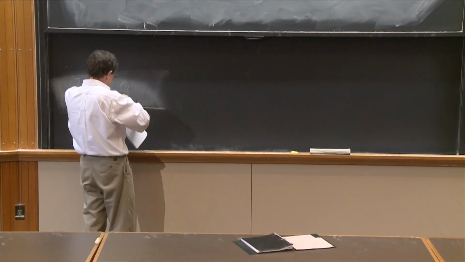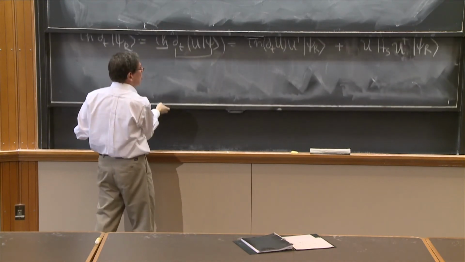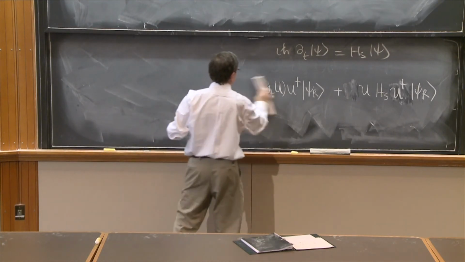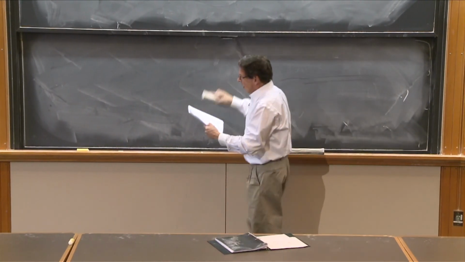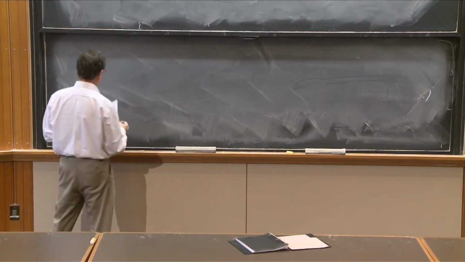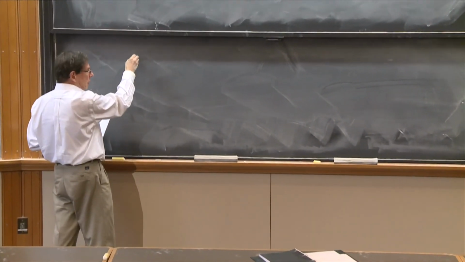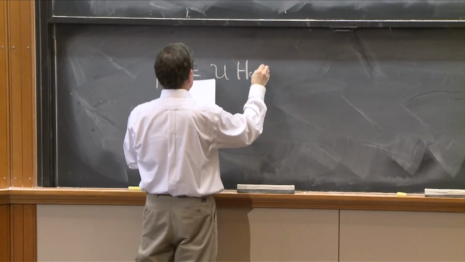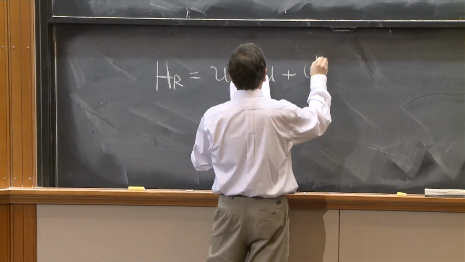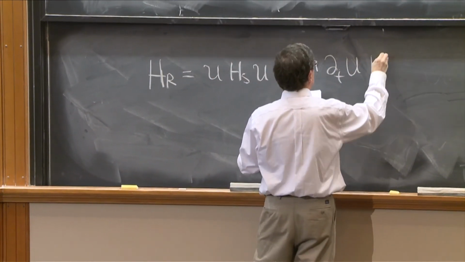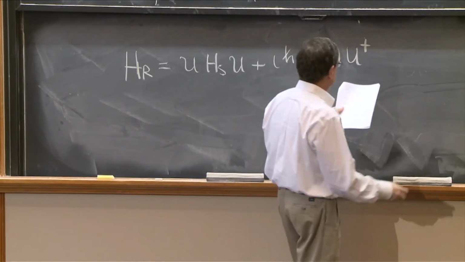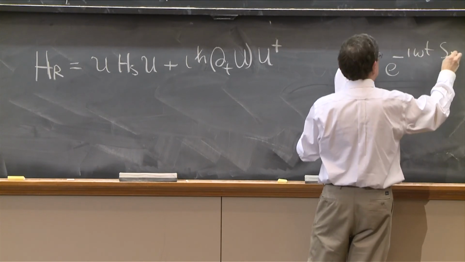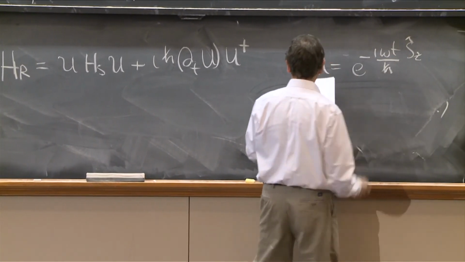And just one minute to close up the discussion by saying what has happened. What has happened is that we have found that there's a new Hamiltonian, HR equal U Hs U dagger plus i h bar dU/dt U dagger. And then U is given by e to the minus i omega t Sz hat over h bar.